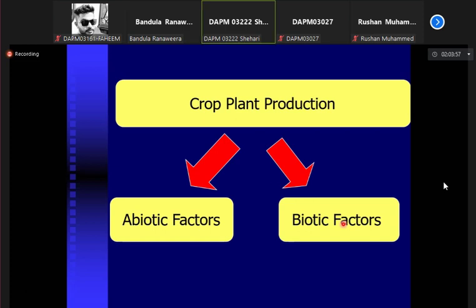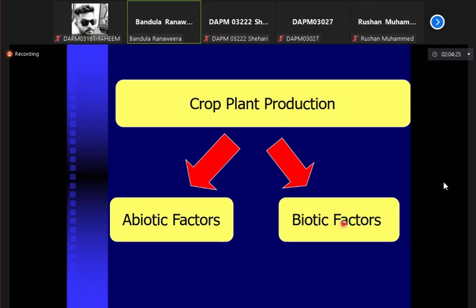Pathogens. Yes, pathogens, then other consumers, microorganisms, then any other example? Macroorganisms like rats, cockroaches, monkeys, elephants, squirrels.